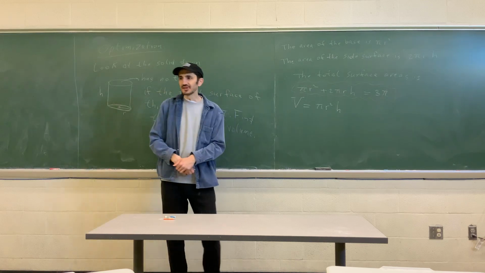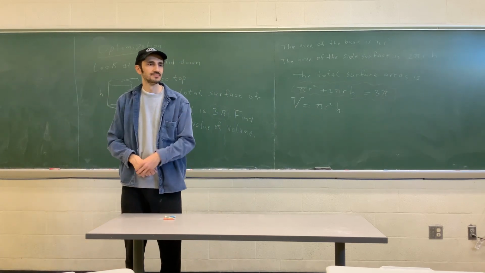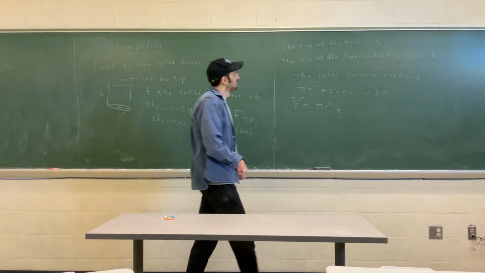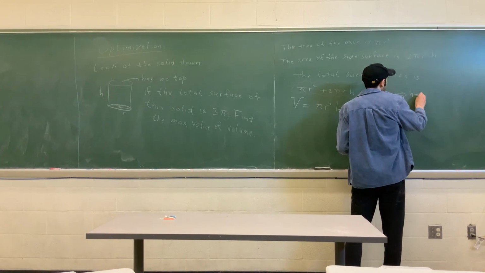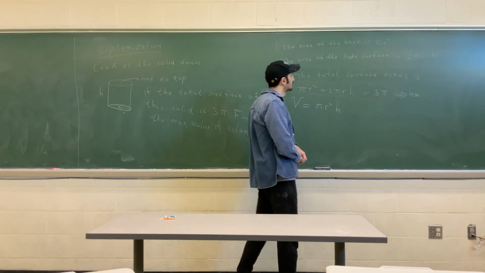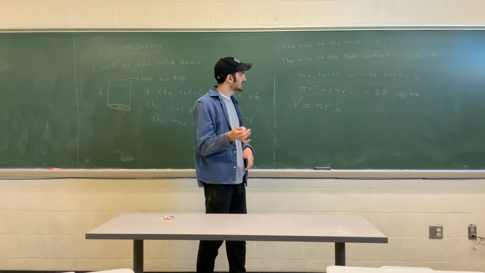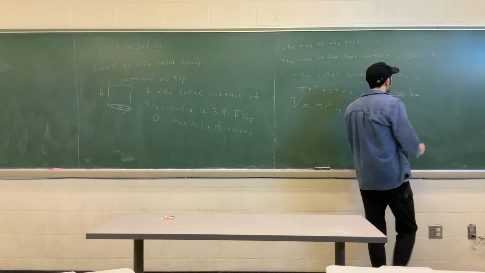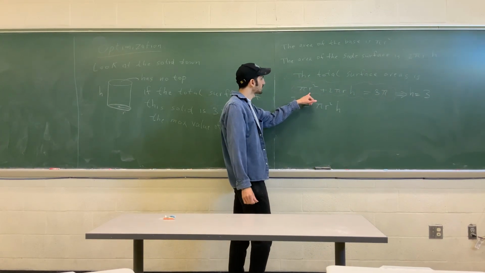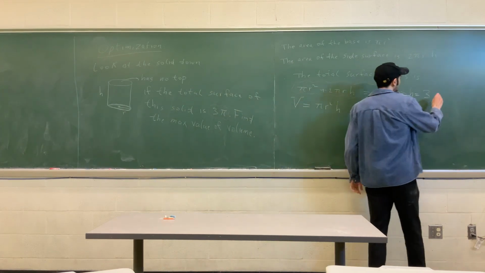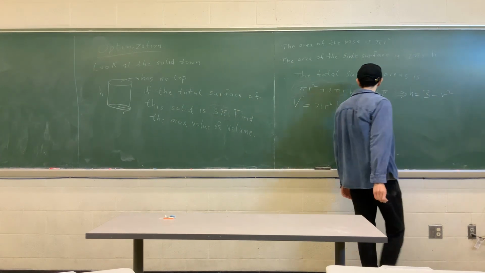What do you think is easier for us to do? Yeah, good job. As you can see, I can isolate my h here. So I can write everything on the right hand side. I already have 3 on the right hand side, so here is my 3. Also, I have r squared, I'm going to move it to the other side, minus r squared.